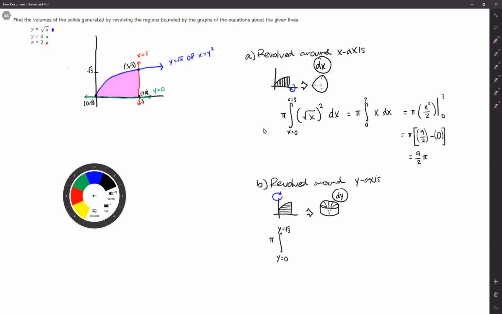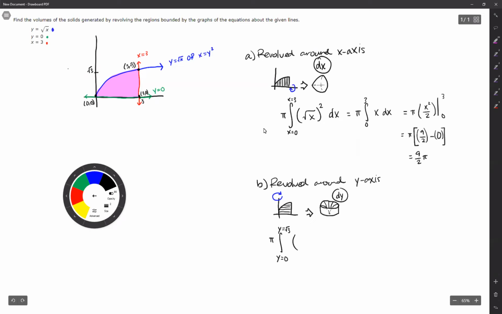Okay. Relative to the axis of rotation, which is the y-axis, we do have a big R and a little r. We do have an outside radius and an inner radius, right? So rather than just being a disk, this will be the case of a disk where we have a washer. So the washer method.